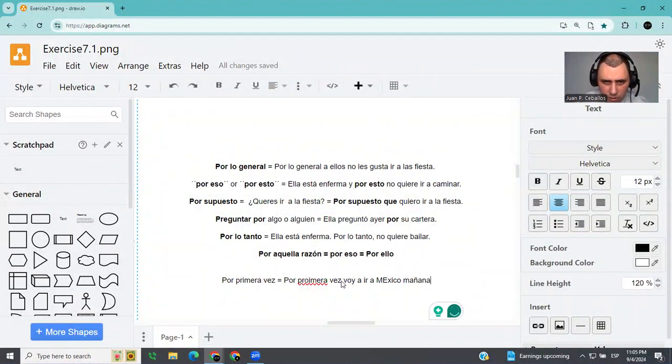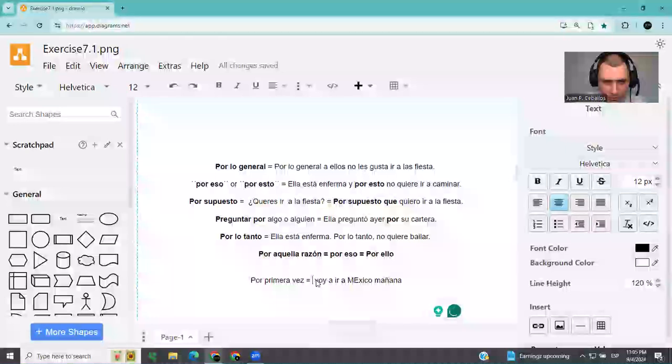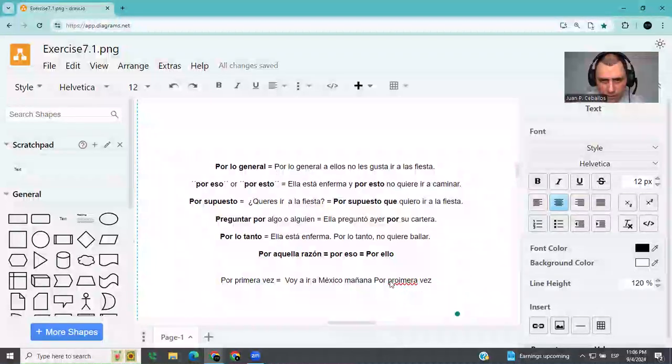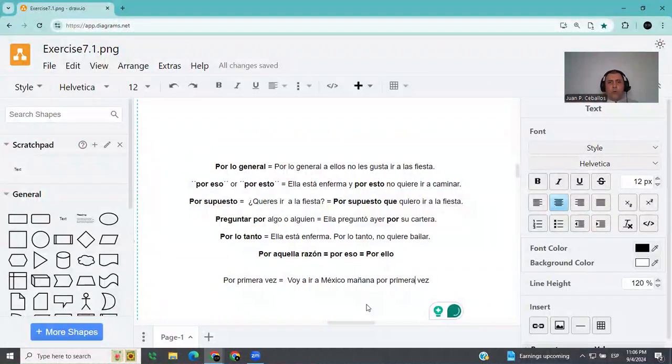Or, let me see, voy a cambiar. The sentence is better: voy a ir a México mañana por primera vez. I'm going to go to Mexico tomorrow for the first time. Por primera vez.